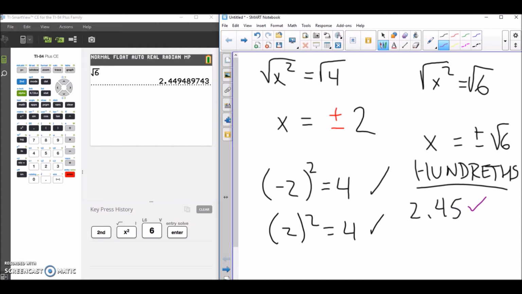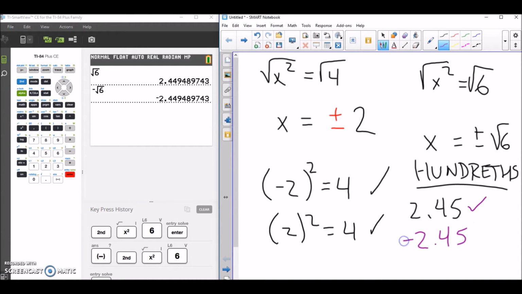But that's just the positive answer. We said it could be a positive square root or a negative square root of 6. Well, that's easy, but I'll do it anyway. Negative 2.45.